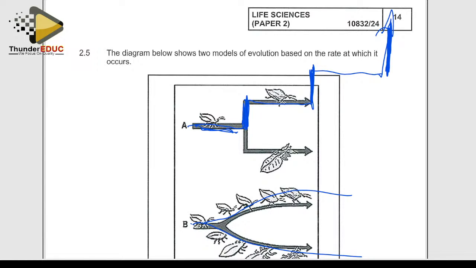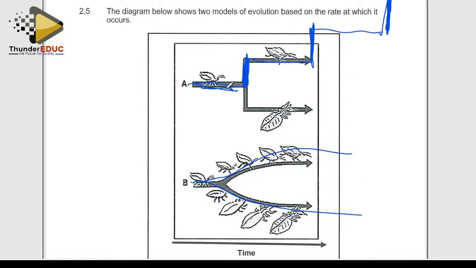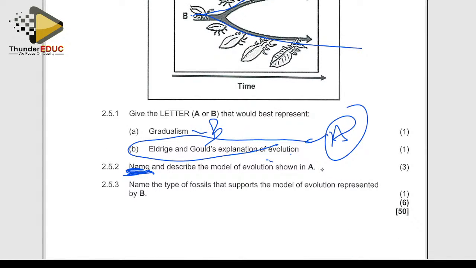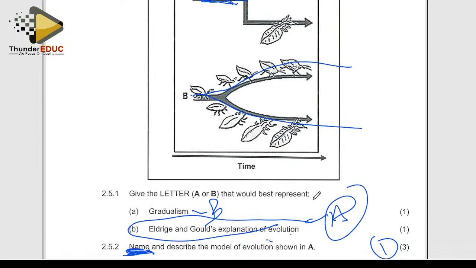So that's what they are trying to ask you to explain. It is made up of long periods of no change with short periods of rapid change, because you have already identified, so 1 mark is already gone.